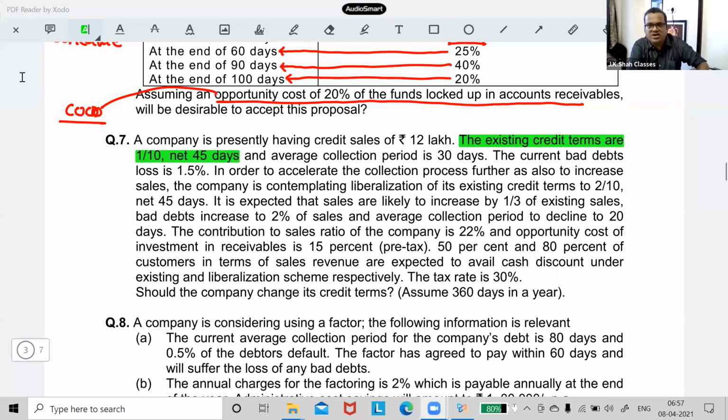So let's do one thing. Write in your notes similar to this. Don't write the whole statement. I told you, write question number 7 and then write important point.